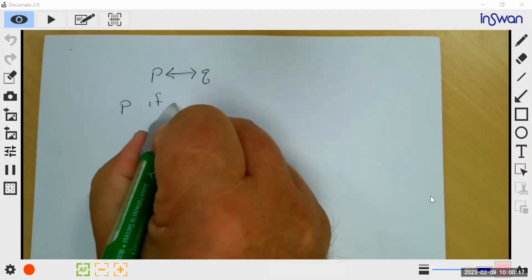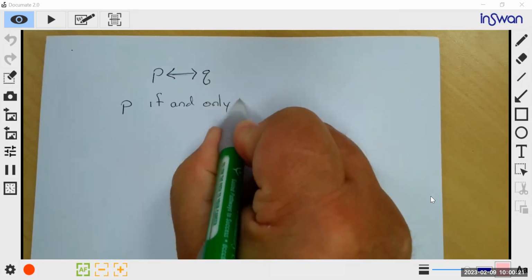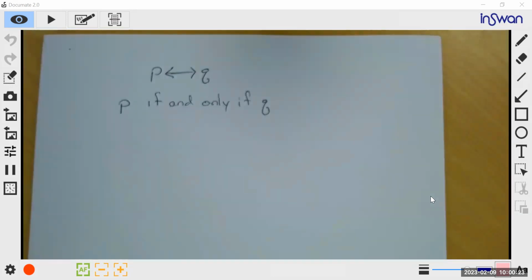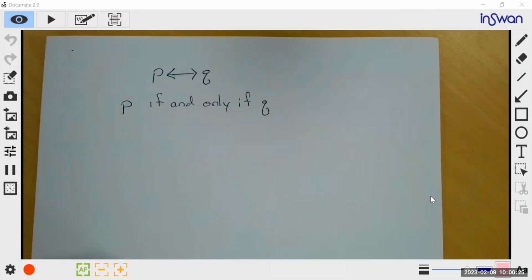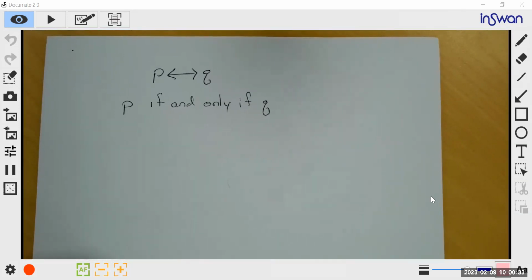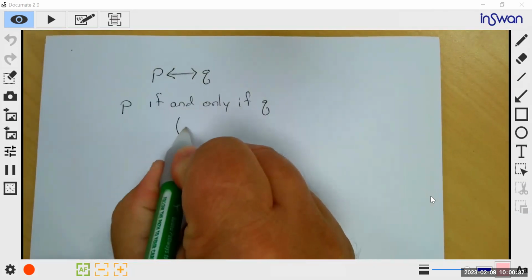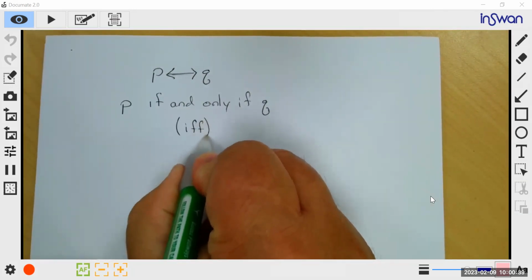So P, if and only if Q. That's a biconditional statement. Whenever you see if and only if, that means it has to go both directions to be true. An abbreviation for this is IFF.